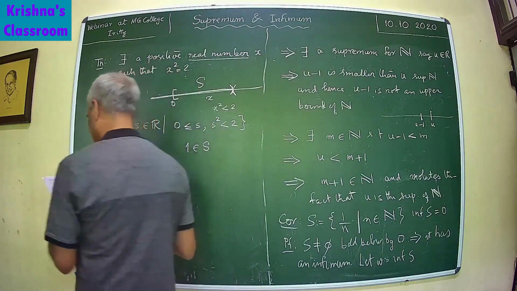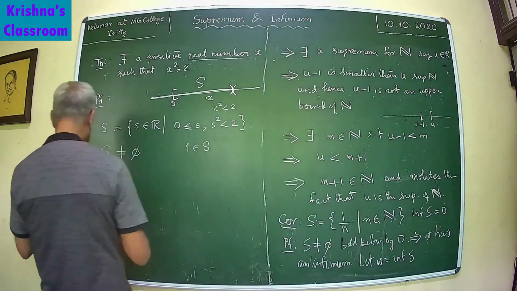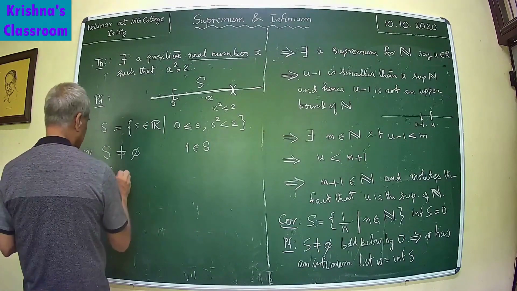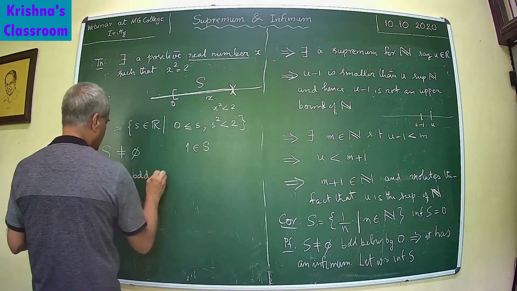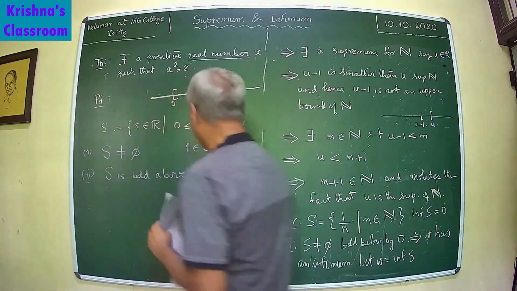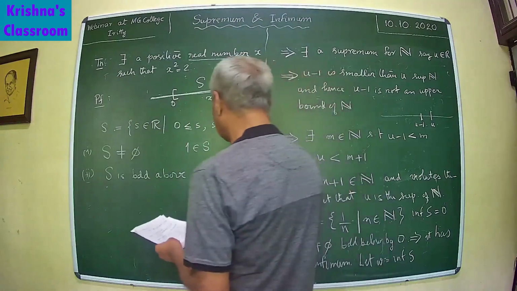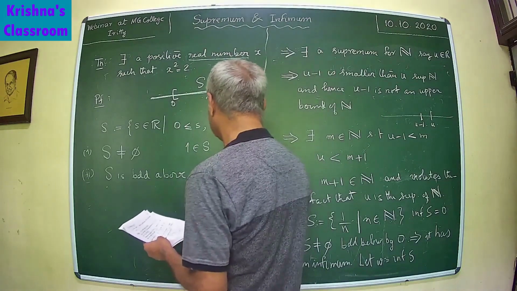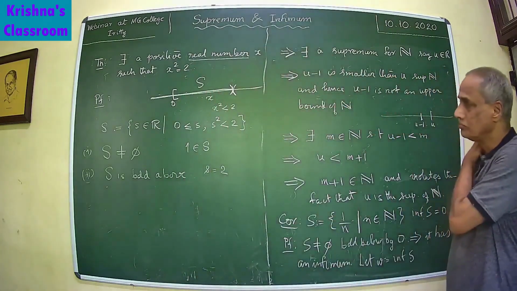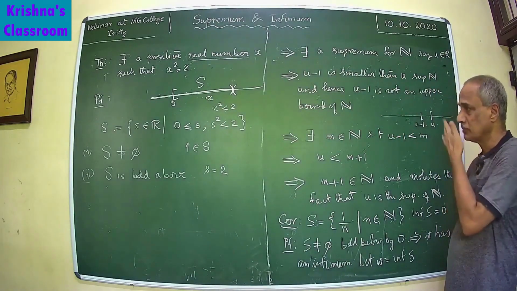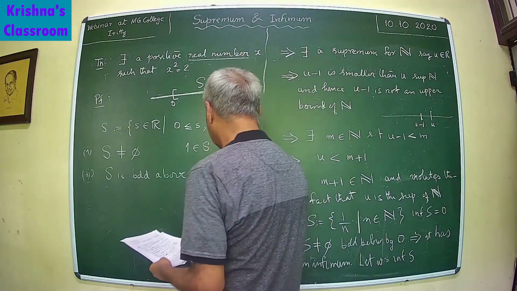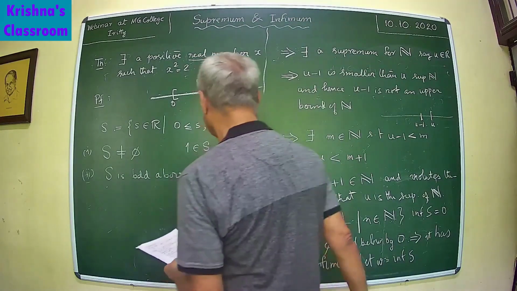The second thing that you prove is that S is bounded above. What you use is that if you take x equal to 2, then you have x squared equal to 4.